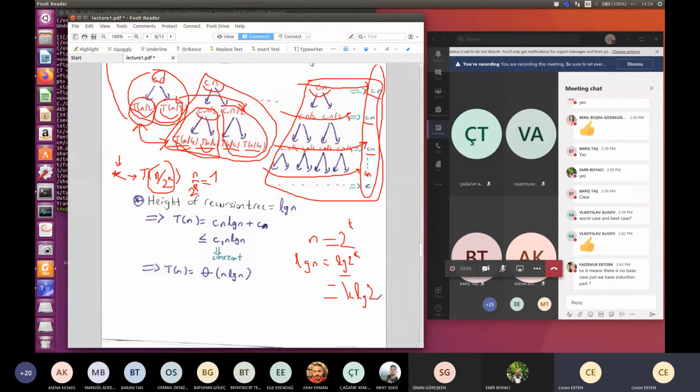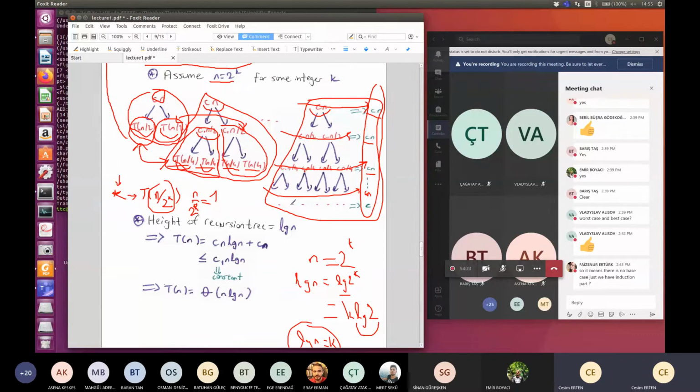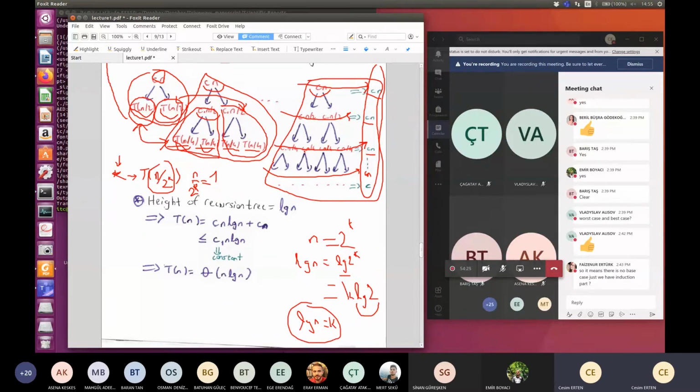Note that all logarithms are base 2, so this basically evaluates to 1. So we have log n is equal to k. So at k equals log n level, we arrive at T of 1's, which means that the height of this tree, the number of levels that we have in this tree, is log n.